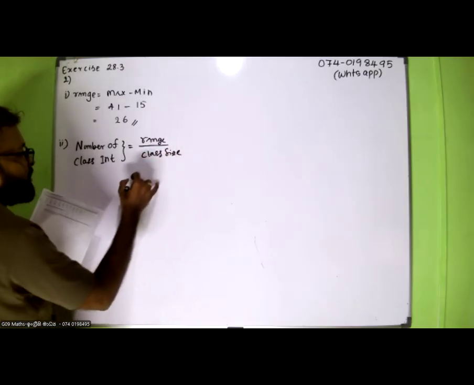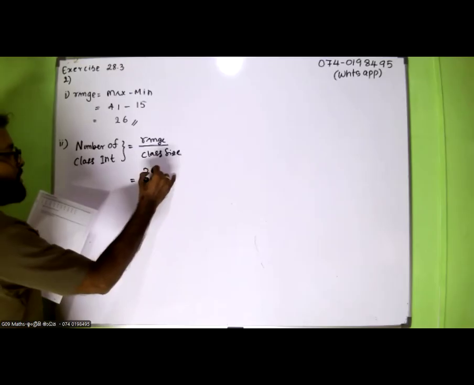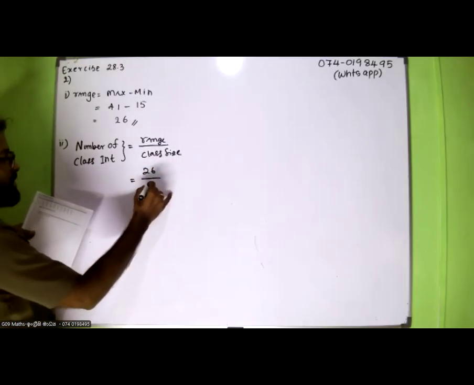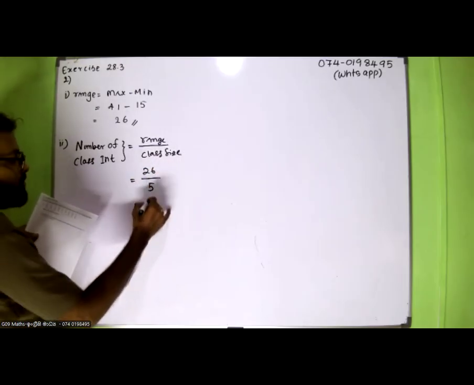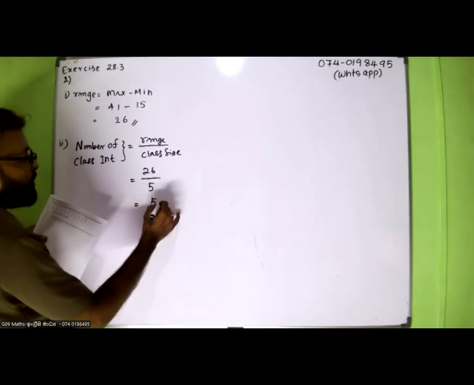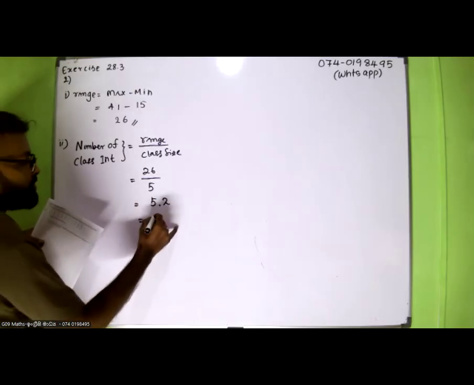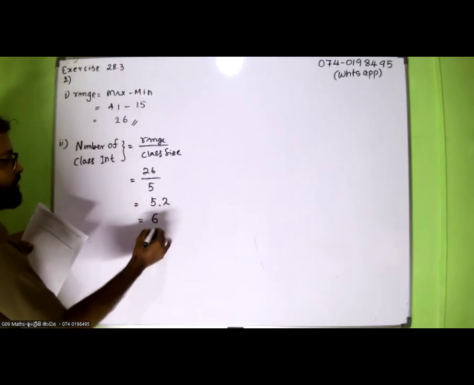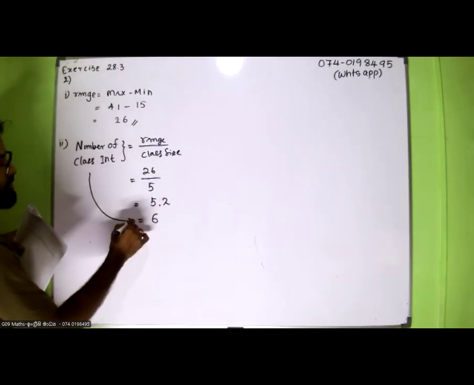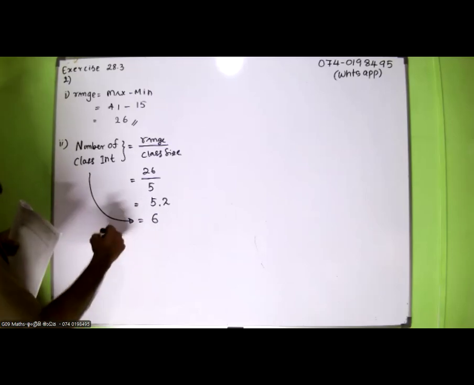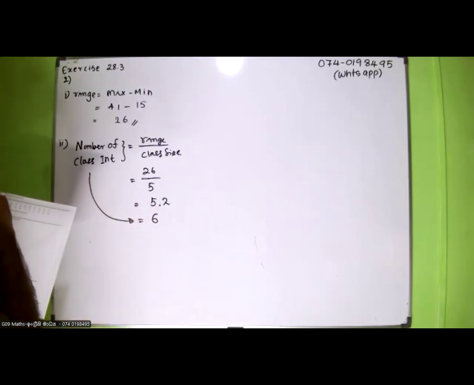The range is 26. Class size is 5. This will give you something like 5.2. If you round this off to the nearest greater number, it will give you the number of class intervals as 6. Correct?